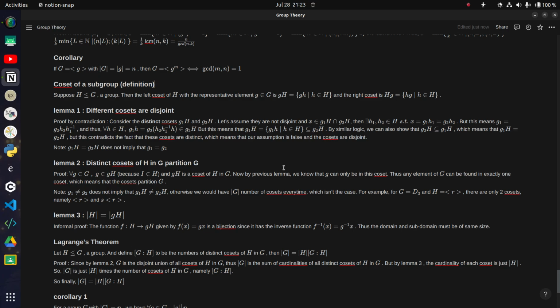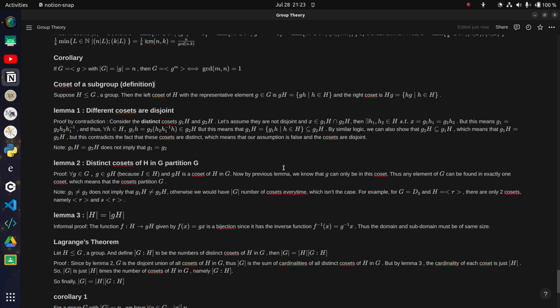It's just that g1H and g2H could be the same coset even if g1 and g2 are distinct. So g1 and g2 not being equal does not imply that g1H and g2H are also distinct. Otherwise, of course, you would have the cardinality of G many cosets every time. That's not the case.